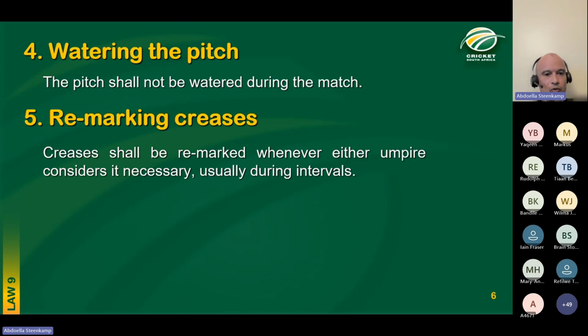The law allows for creases to be remarked, and it usually happens during your lunch and your tea interval. It can happen during a drinks interval if there is a need. The on-field umpires will usually relay the message to the fourth umpire if they need marking of the popping crease during a drinks interval.